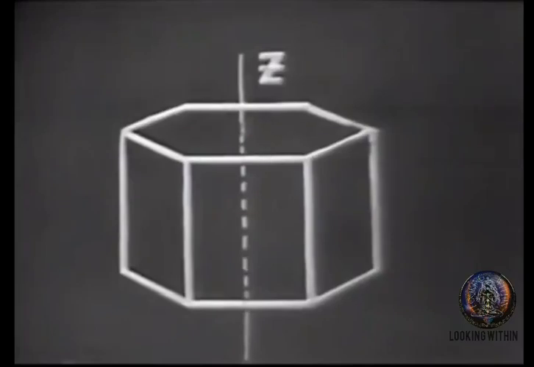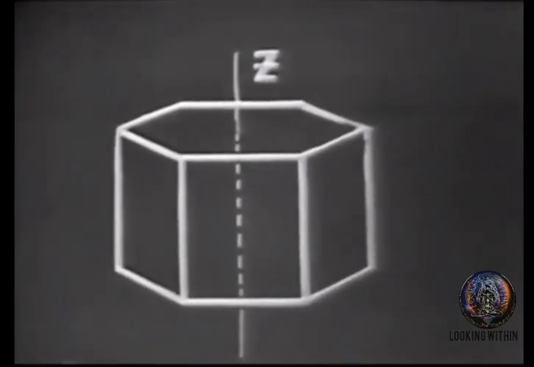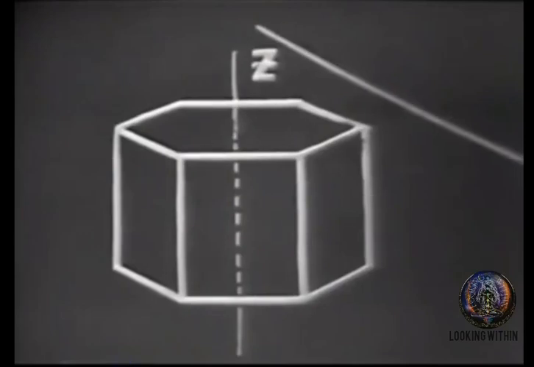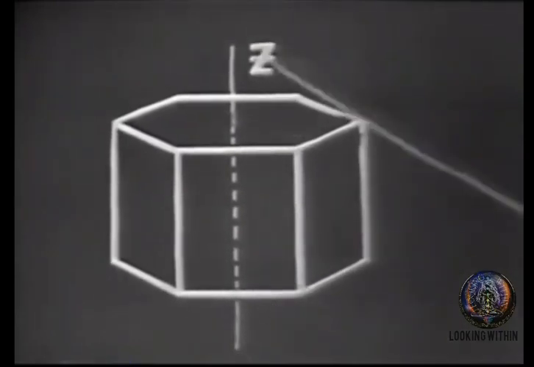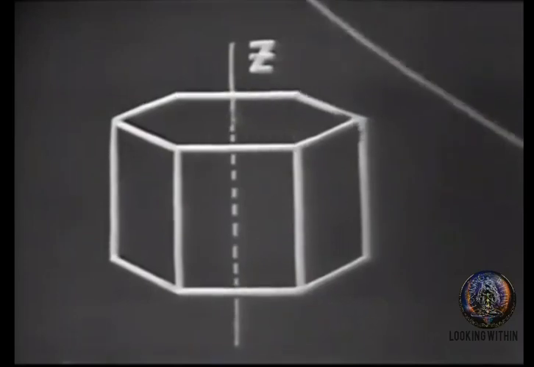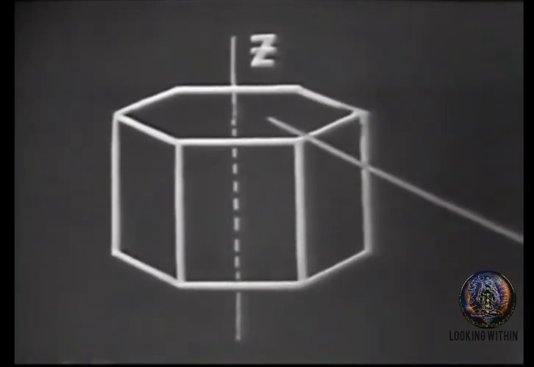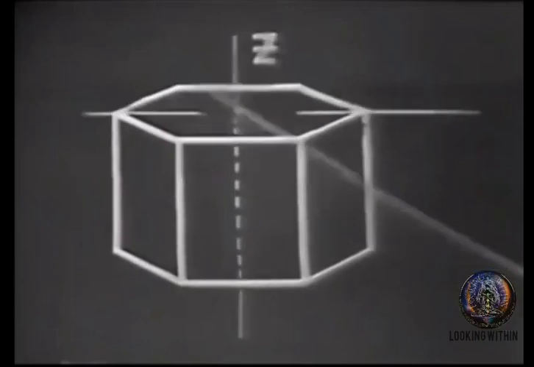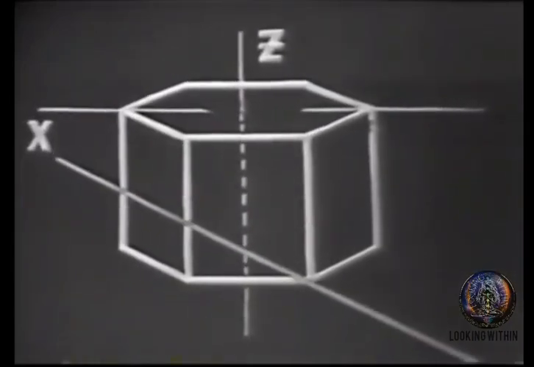Let's take a look at this drawing of a crystal and see the exact location of the crystal axis. The axis passing from point to point, or end to end, and directly through the crystal is known as the z-axis. Remember, from end to end, directly through the center. The axis passing through the corners of the crystals is known as the x-axis.